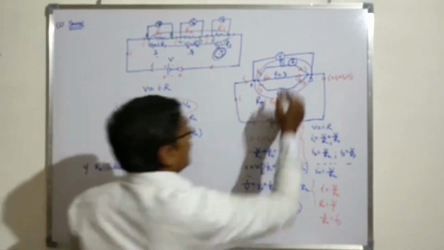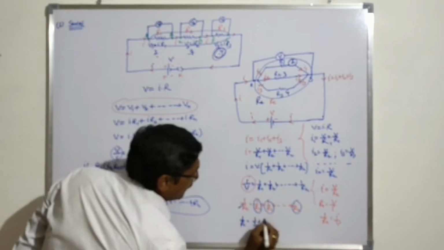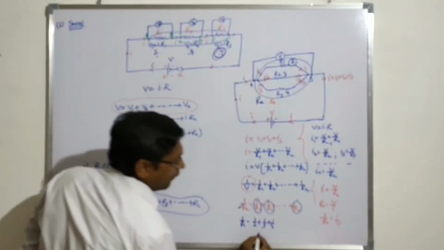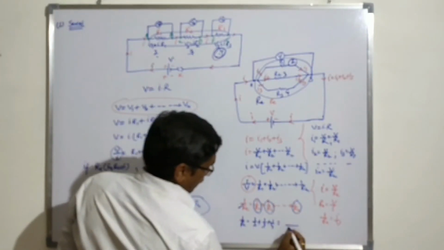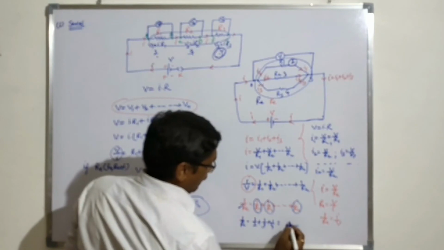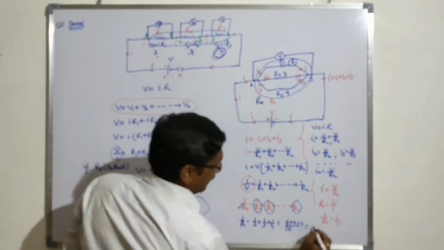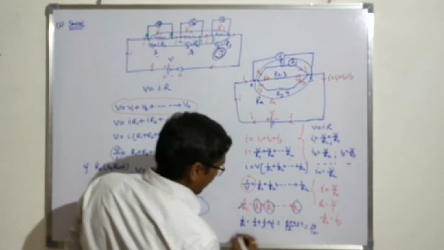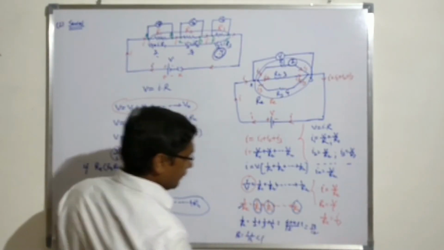So now we can solve here. 1 by Re equals 1 by 2 plus 1 by 3 plus 1 by 4. LCM of these is 12. So 6 plus 4 plus 3, which equals 13 by 12. Taking the reciprocal, Re equals 12 by 13, which is less than 1.